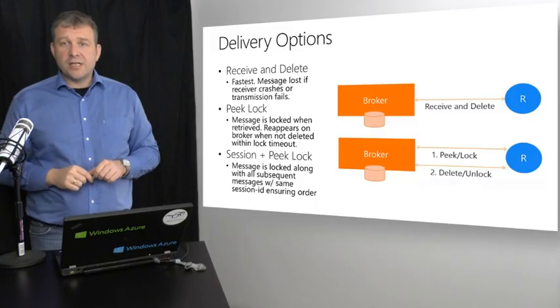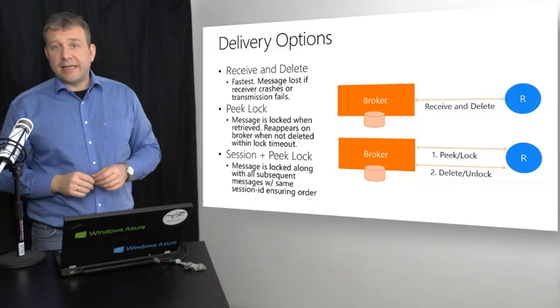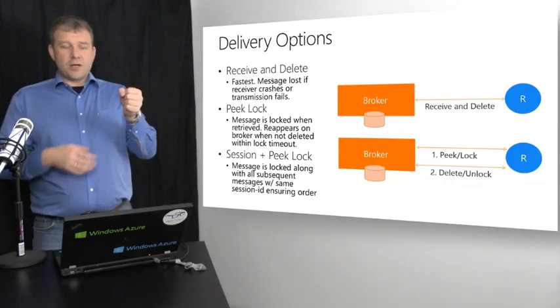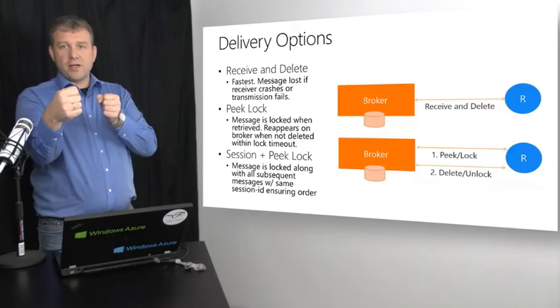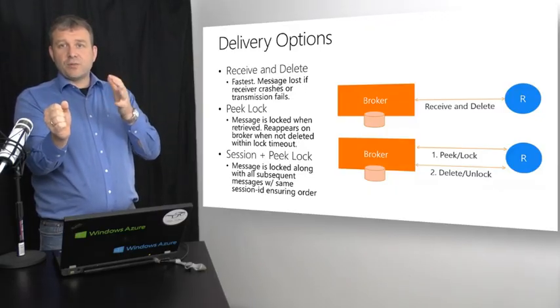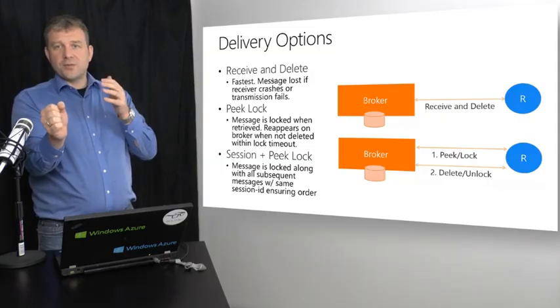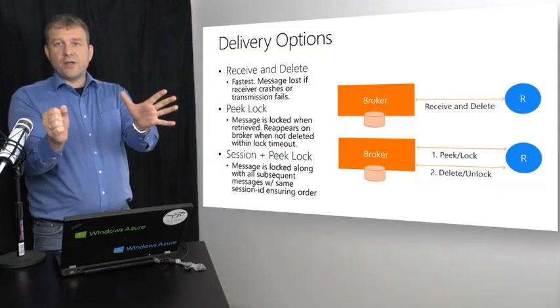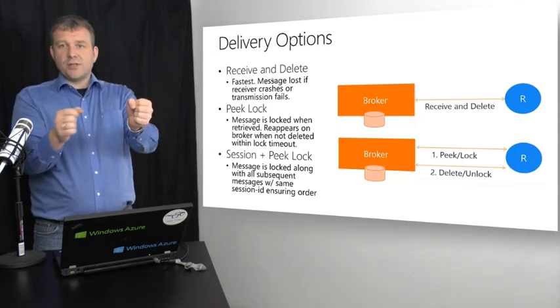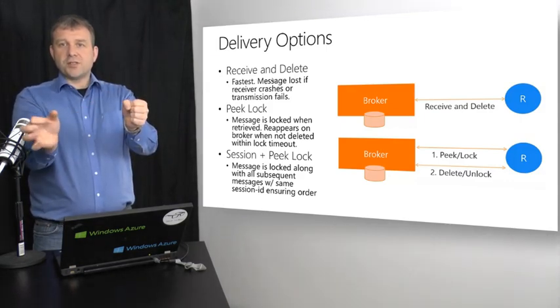That will cause things to potentially get out of order because you have one message locked, and the second message is being delivered to someone else. The second delivery is successful. The first delivery runs into a crash or into a situation where the message needs to be abandoned. Now that reappears in the sequence, and now you have a message that was actually enqueued earlier, which now gets processed later than this one.